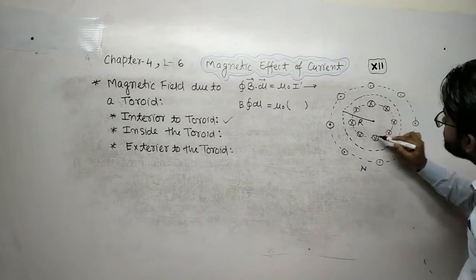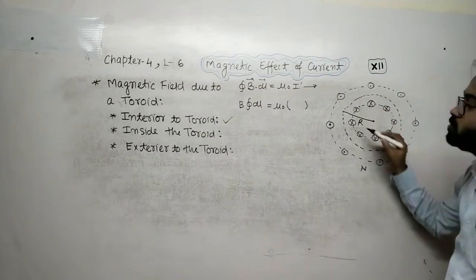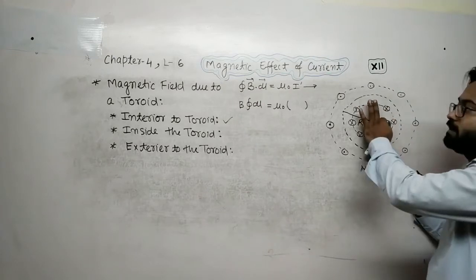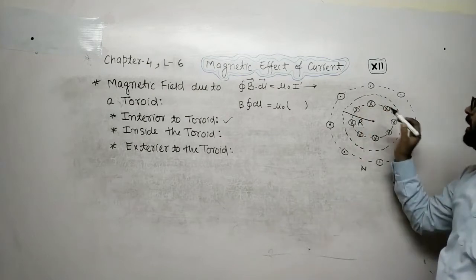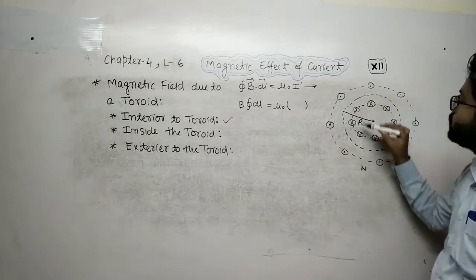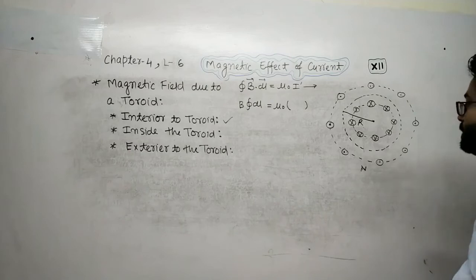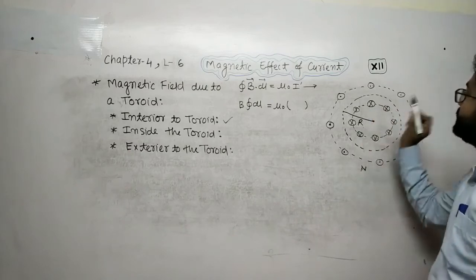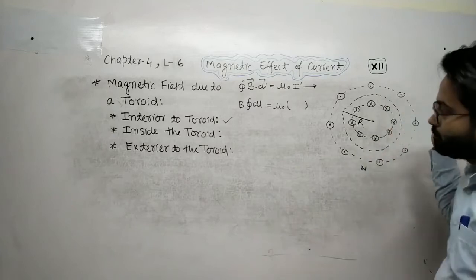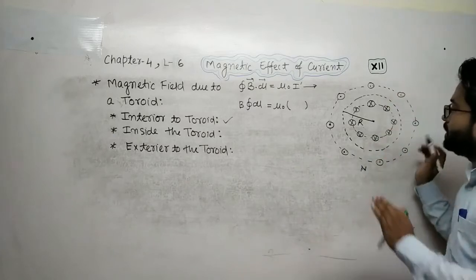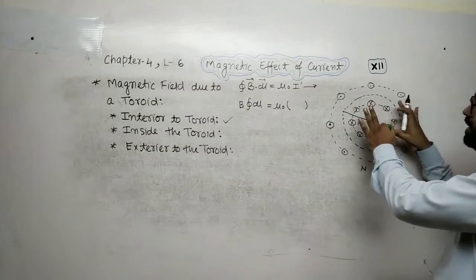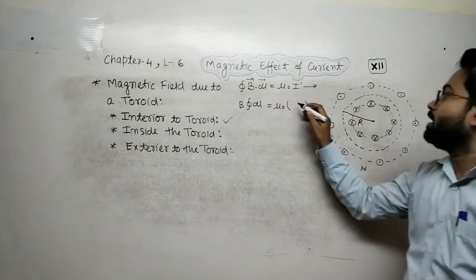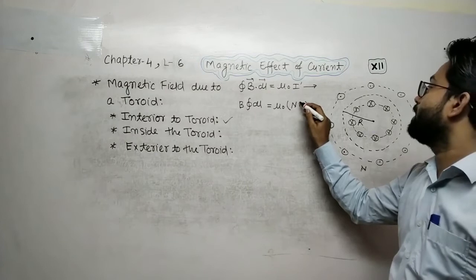Only these wires are threading that particular area. That means current through these wires will be considered. If there are N number of turns, that means total current threading that area will be capital N times i.